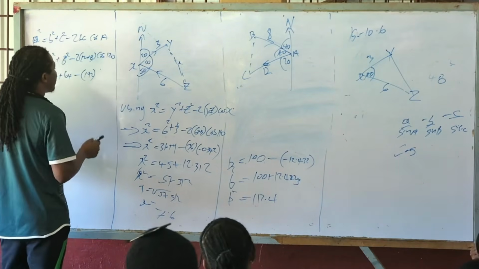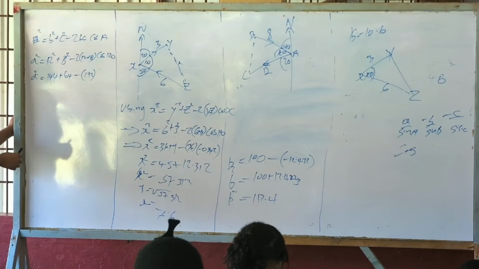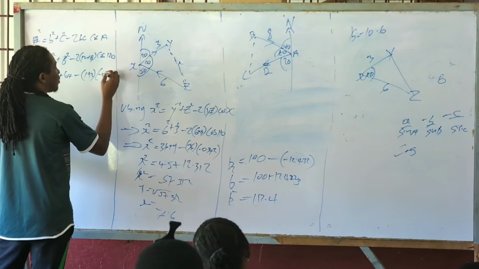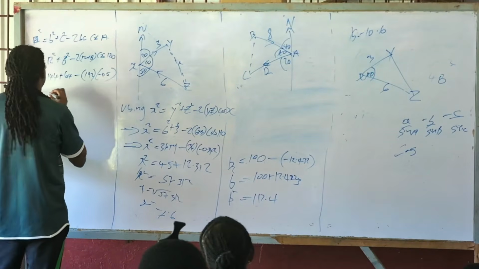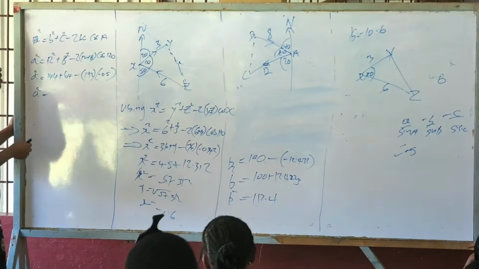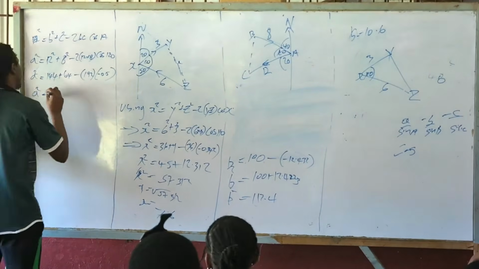Cos 120 is negative 0.5. 144 plus 64 is 208.